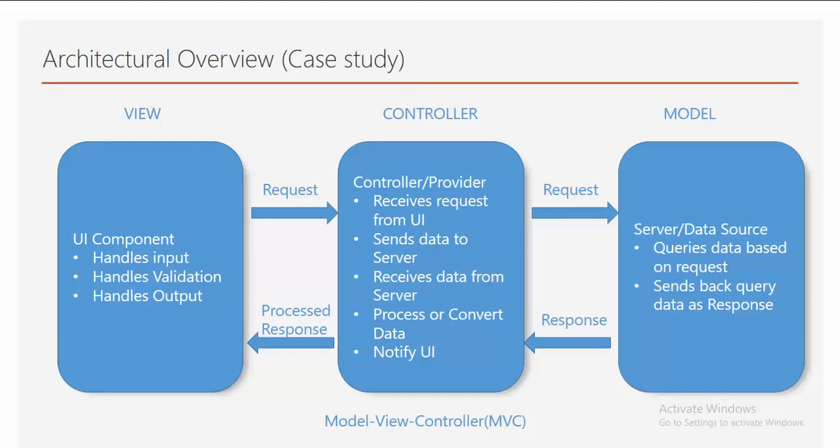One component will be responsible for interacting with the user inputs and showing data. Another component will process the downloaded data, and another component will fetch data from our server. In this way, any change in any component will not affect the other components.